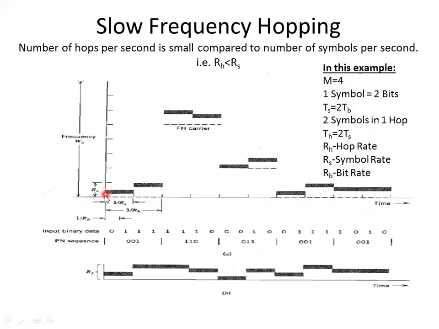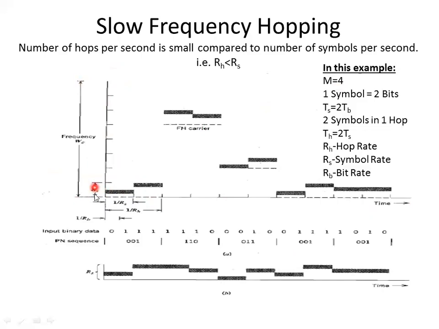On this frequency axis, we can accommodate the 4 carrier frequencies F1, F2, F3, F4. So this region is divided into 4 equal parts, each one corresponding to one particular carrier frequency.